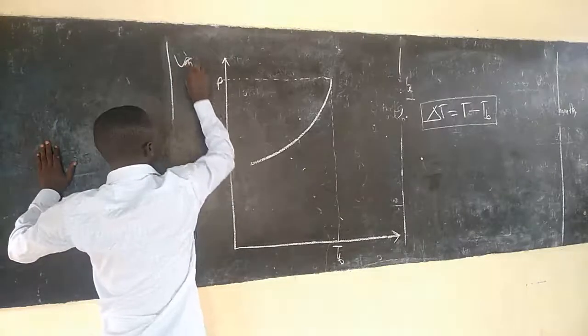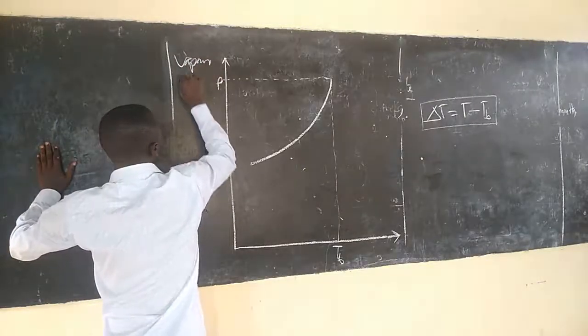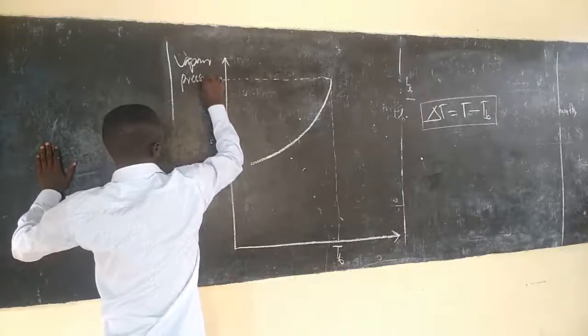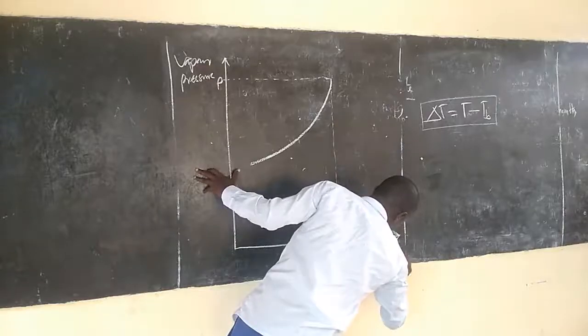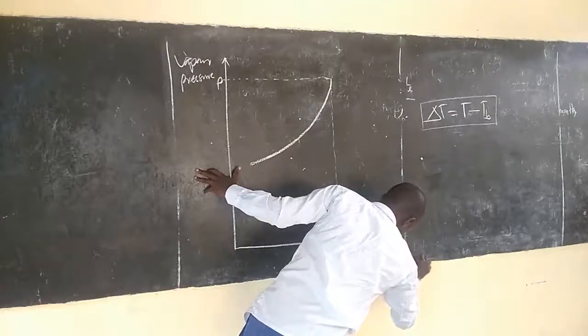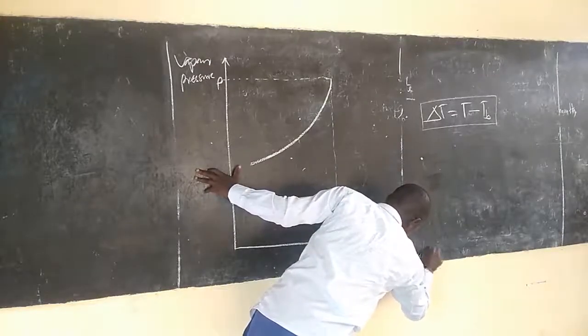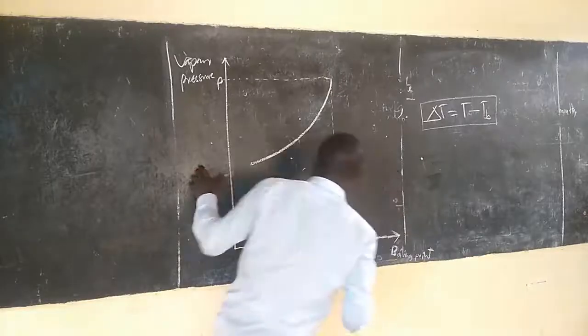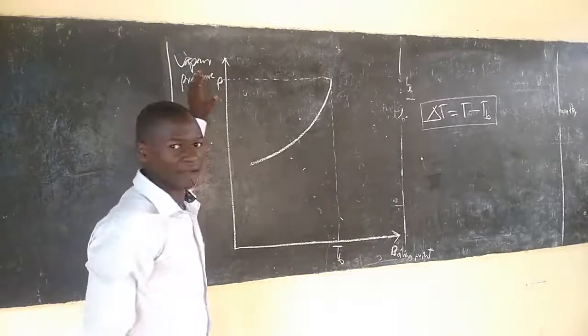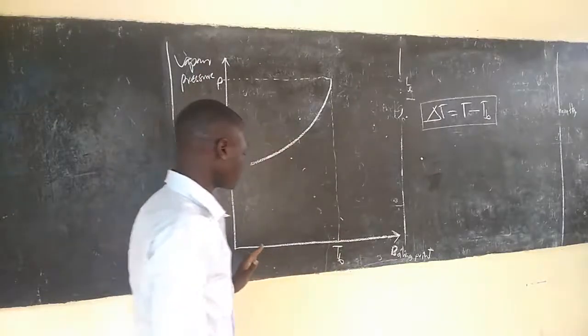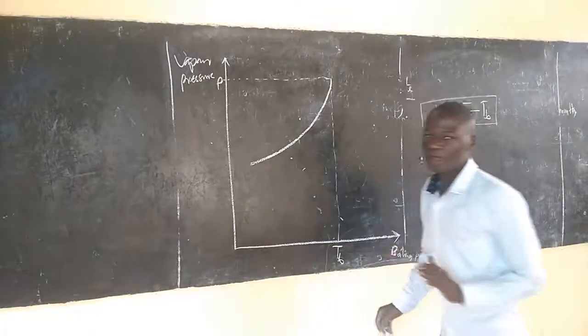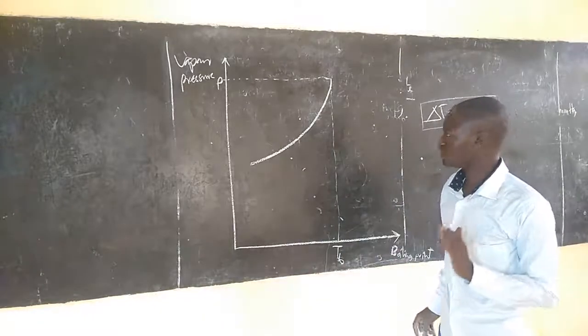So kutakuwa na vapor pressure, huku tunakuwa na boiling point. Kwa hiyo hii hapa itakuwa ni pressure of the pure solvent, temperature of the pure solvent. Now, what will happen kama tukiadi solid?